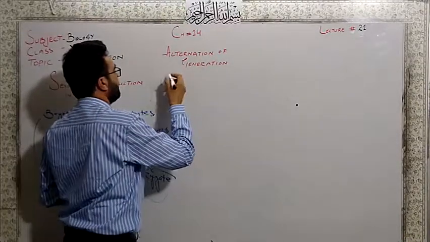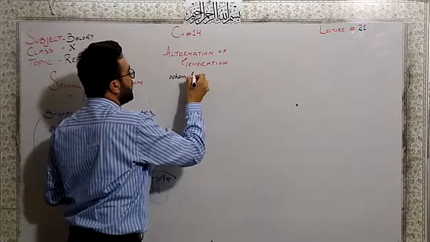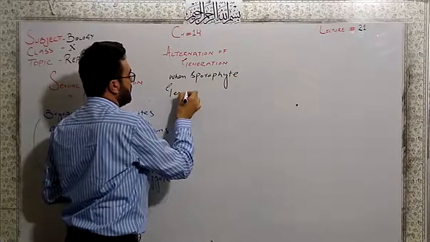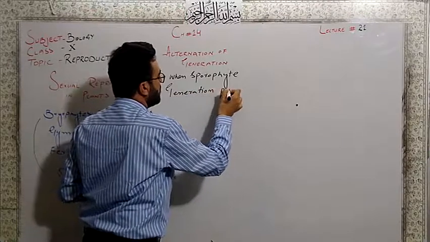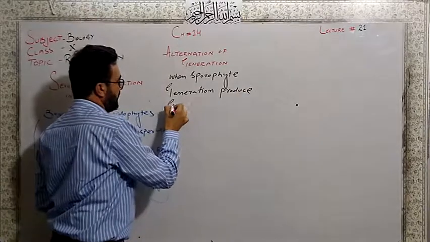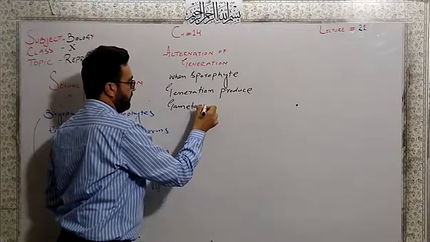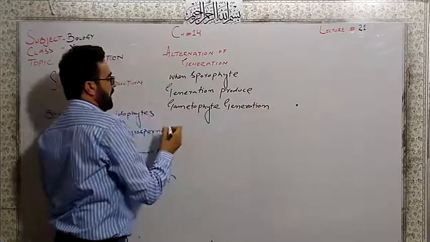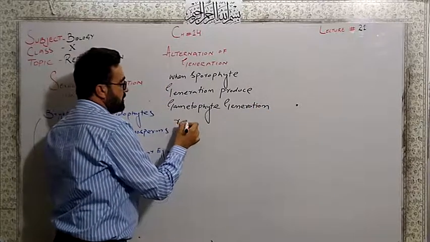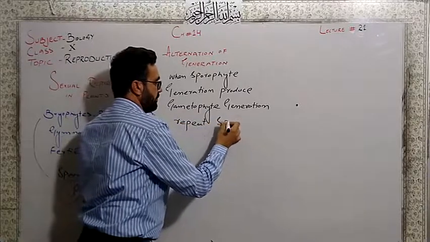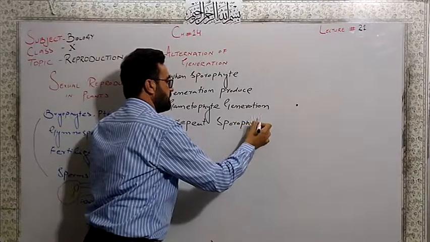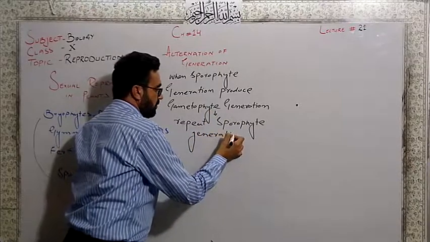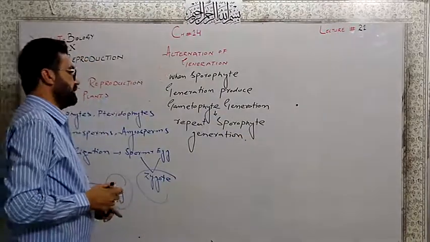When the sporophyte generation produces the gametophyte generation, and then the gametophyte generation produces the sporophyte generation again, this repetition of generation is usually called alternation of generation.